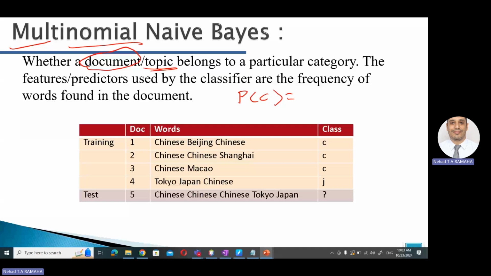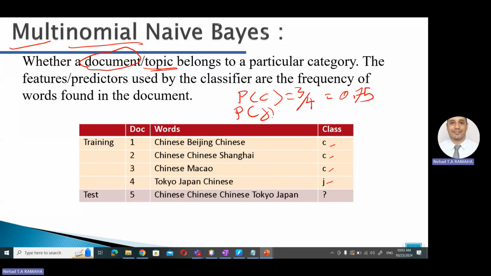So probability of C, how many times do we have C? 1, 2, 3, divided by the total number, which is 1, 2, 3, 4. So divided by 4. So it's 0.75. Okay.